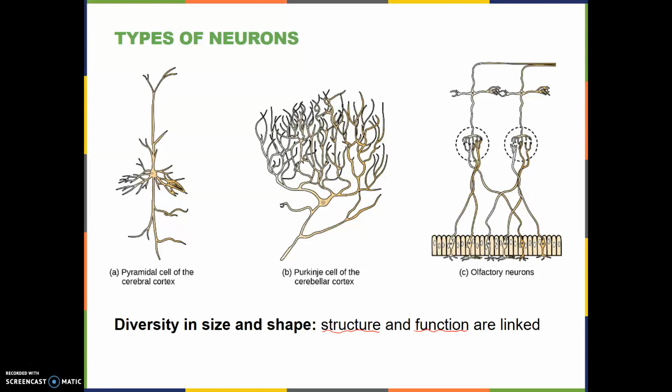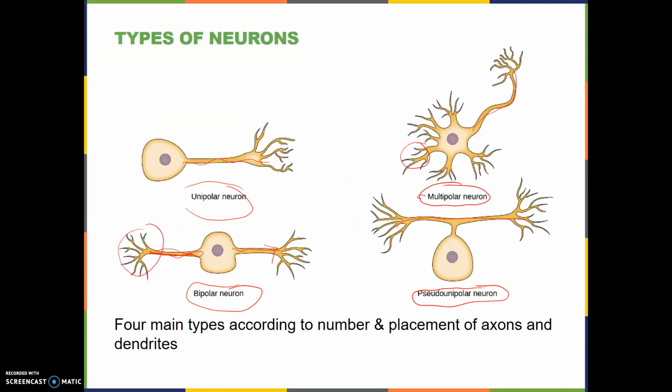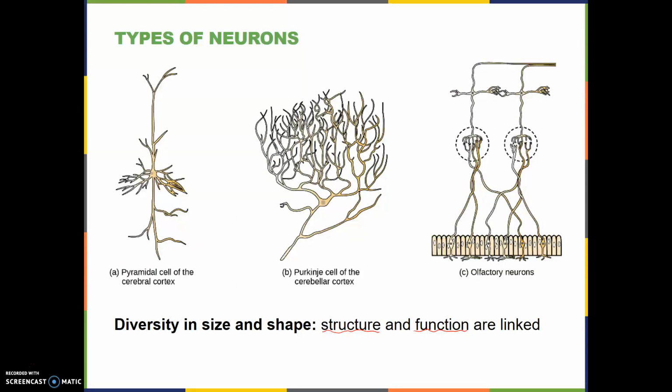If you look at a multipolar neuron, all of these branches are receiving signals, and this long fiber is shaped like an electrical wire and acts like an electrical wire. And this looks like an electrical circuit, which is exactly how it behaves.